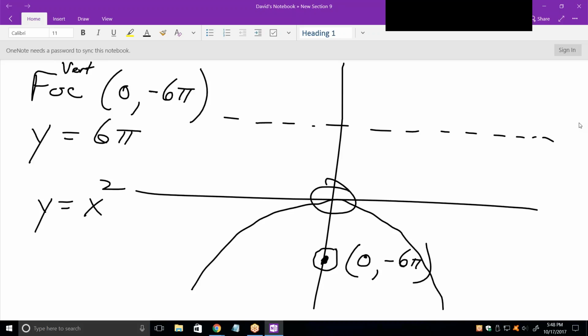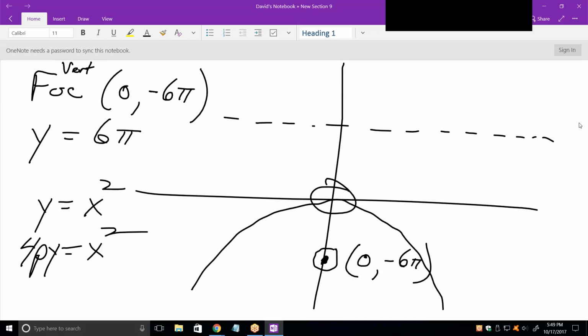Given that I can tell that the vertex is at 0, 0, because the vertex is halfway in between the focus and the directrix, I don't need the complicated format with the h and the k. I just need this easy format, which is 4py equals x squared.